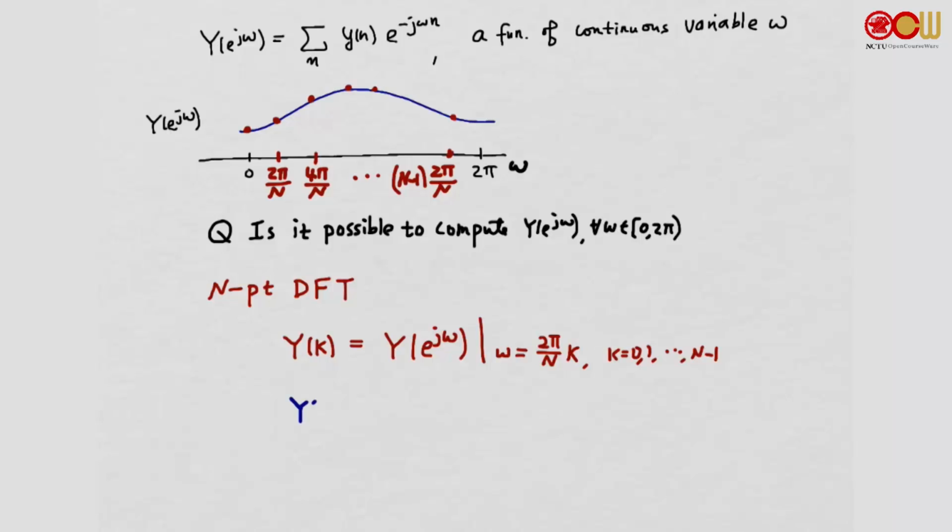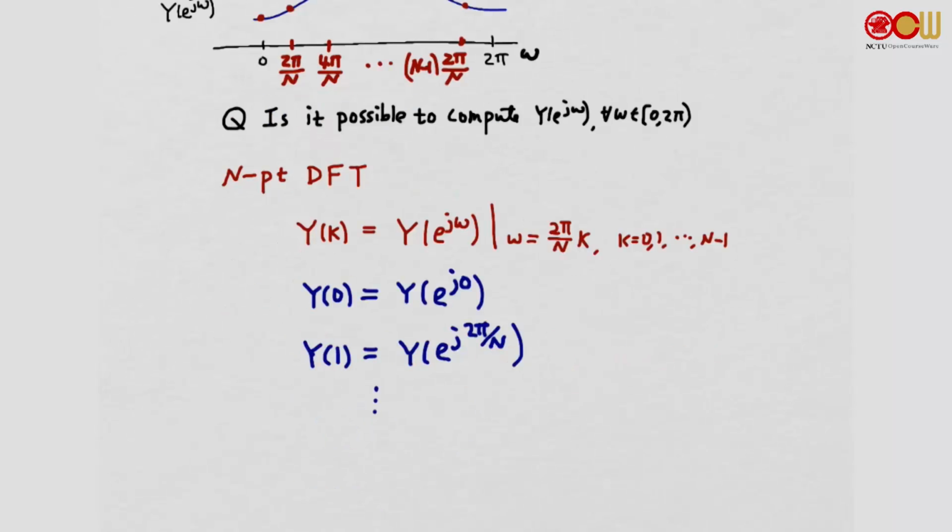Y_0 is the Fourier transform evaluated at the DC frequency. Y_1 is the Fourier transform evaluated at 2 pi over N if it's an N-point DFT, and continue on like this. Y_(N-1) is the Fourier transform evaluated at 2 pi over N times (N minus 1).